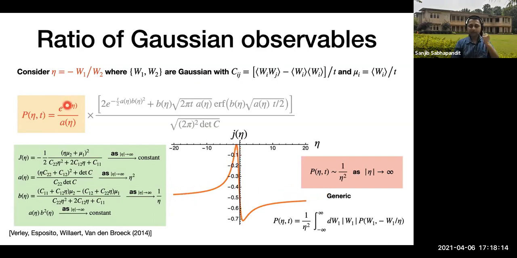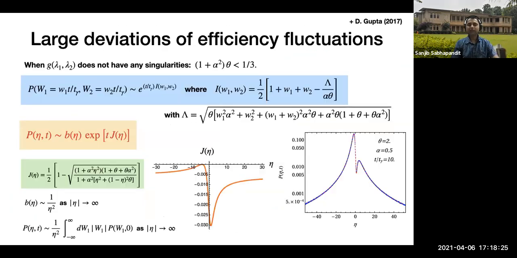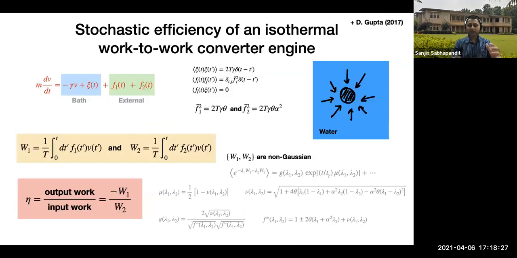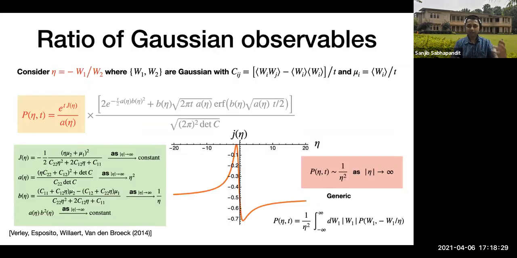When this becomes constant, it no longer determines anything, because a probability distribution becoming constant doesn't mean anything, since it has to be normalized. So then the prefactor takes over, and generically you can show that this prefactor has a 1 by eta square form for large eta. So it has this power law for large eta, and in between it has this form.